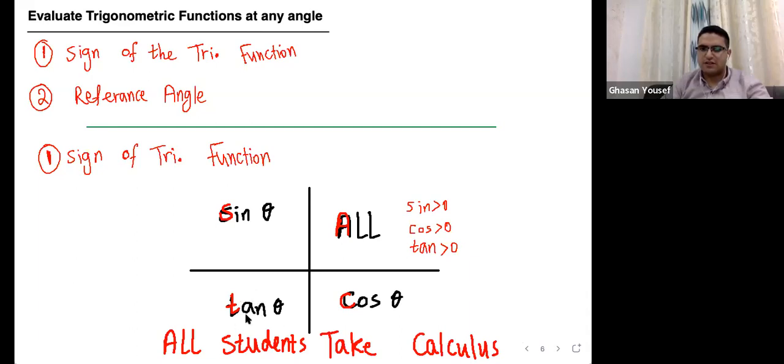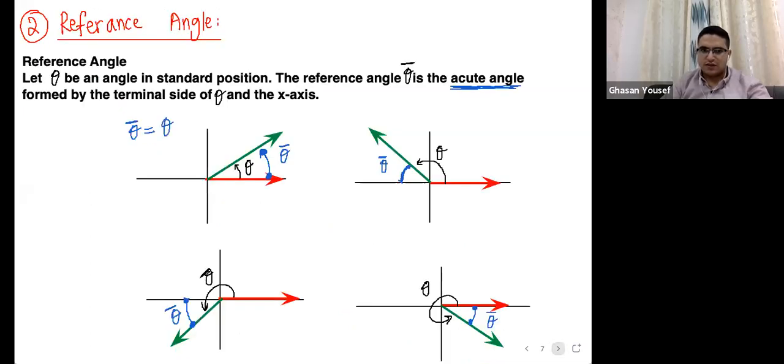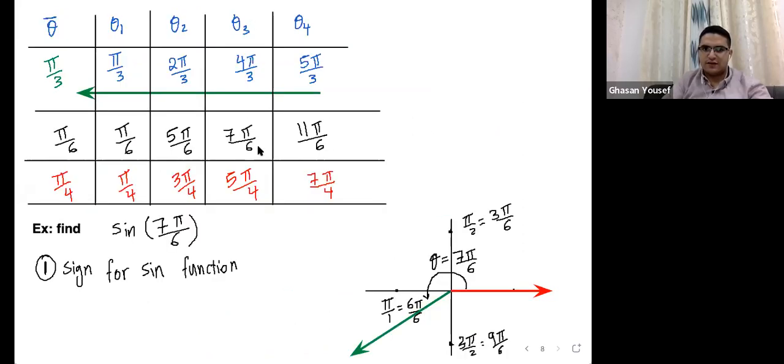The only function that is positive is the tan function, and anything else is negative. So the sine function here is negative, and the cosine function here is negative. The tan function is the only one positive in the third quadrant. So the sign of the function is negative.